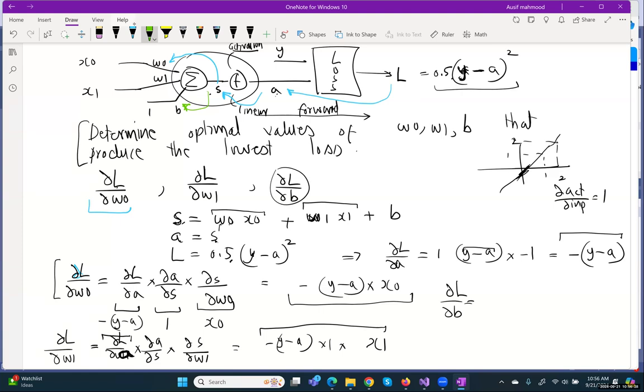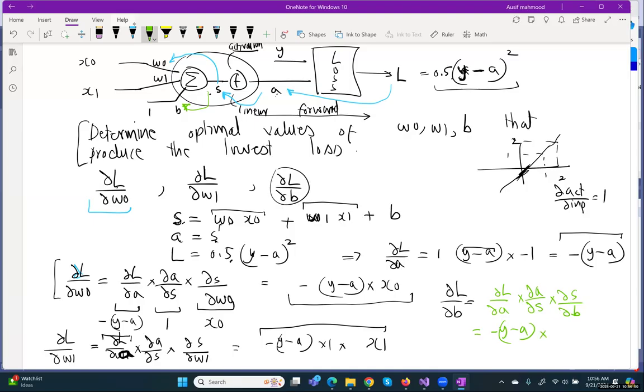So this will be, as you can see, partial L over partial A, over partial S, and partial S over partial B. So partial L over partial A, we already did it, minus (y minus A), correct?